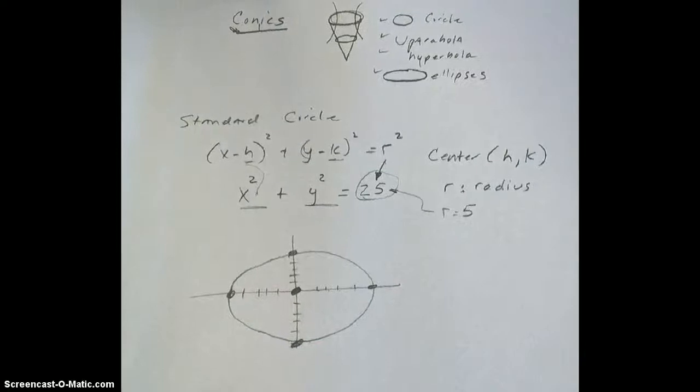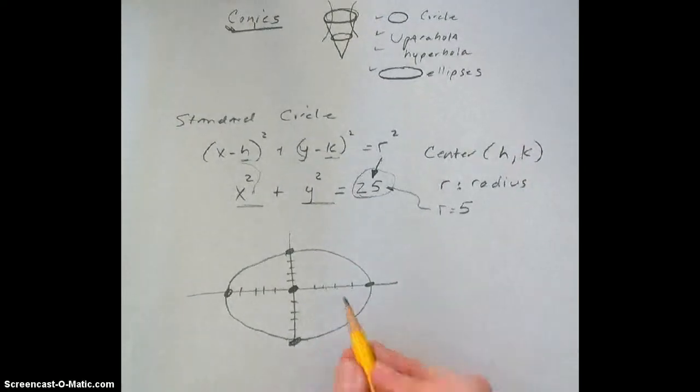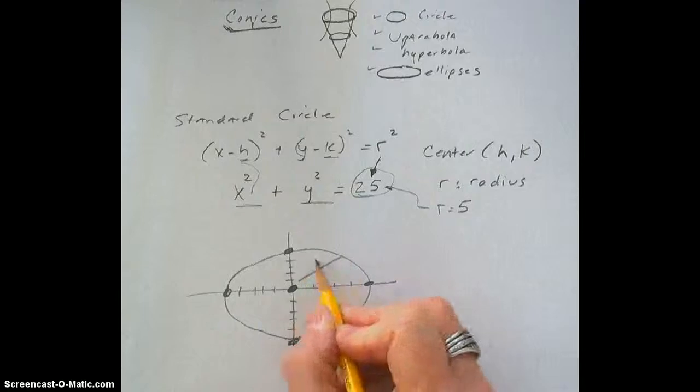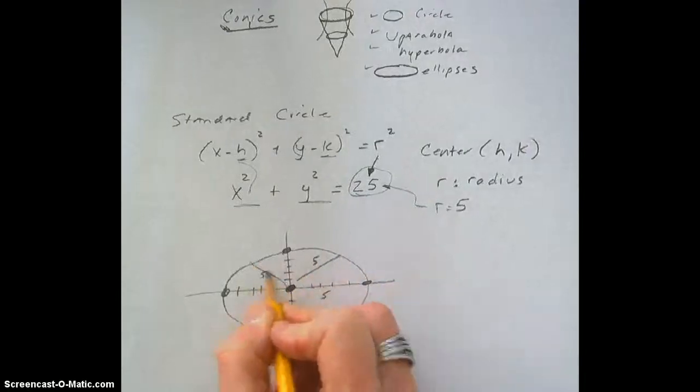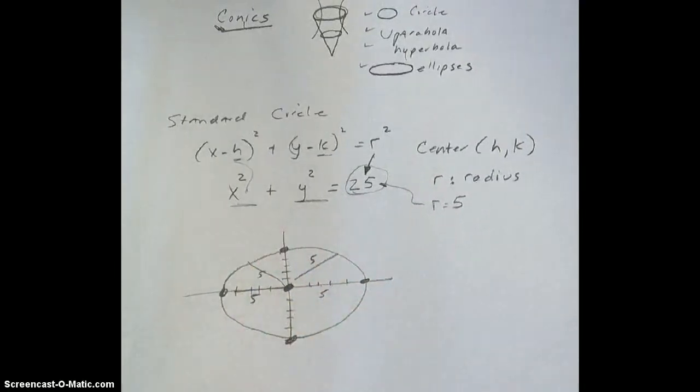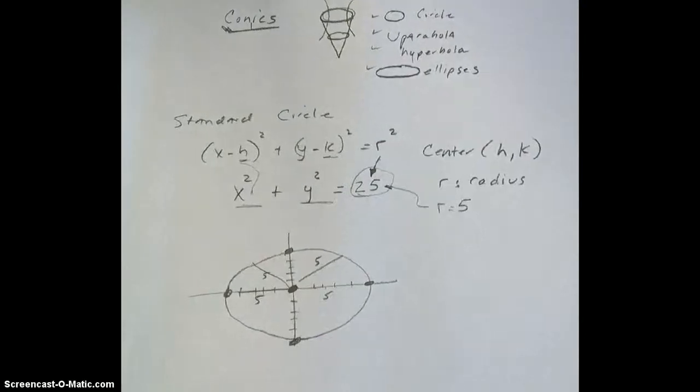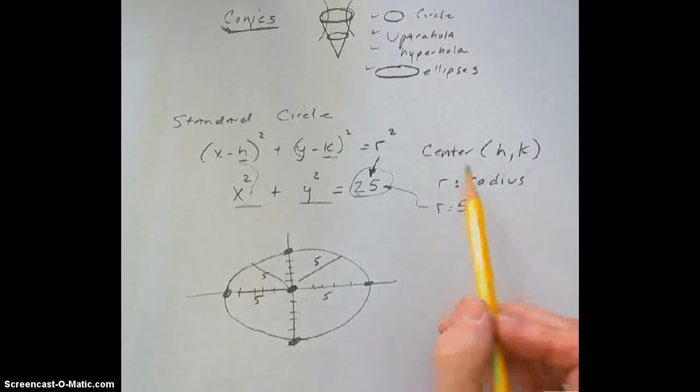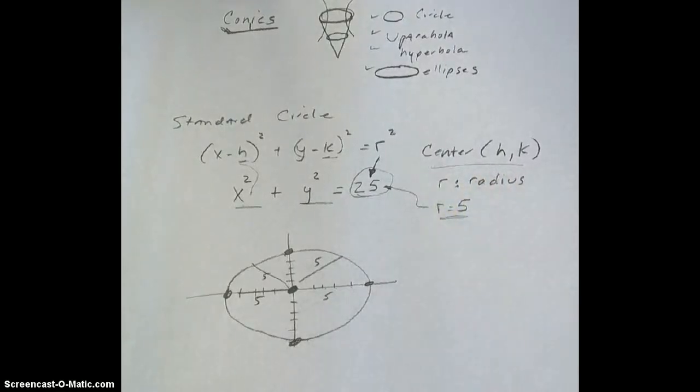Most of the time, unless I have a compass, I won't get a perfect circle, but we know that every single one of these points is exactly 5 away. If I gave you a compass, we could get pretty accurate. You're going to be asked to identify center and radius and graph, and then we might go backwards.